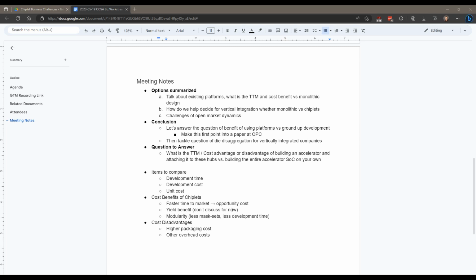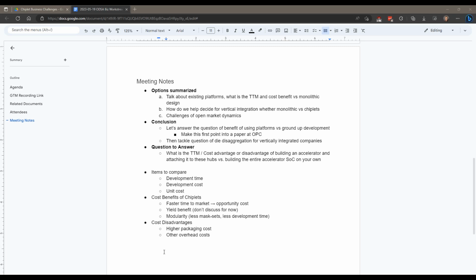The yield is certainly a benefit, but we don't want to look at this right now because we're talking about chips that would be smaller. Then modularity is another thing I would bring up, but it wouldn't apply to your first product, where you want to go with a hub rather than your own solution. The disadvantage would be the packaging cost and other overheads, like larger die area if you combine all the silicon together because of the die-to-die interfaces and so on. Is that a fair summary?